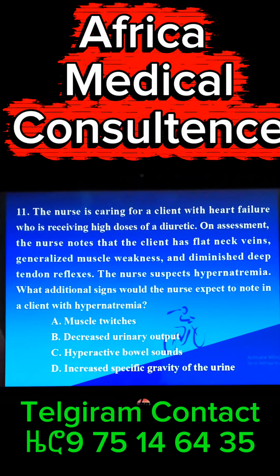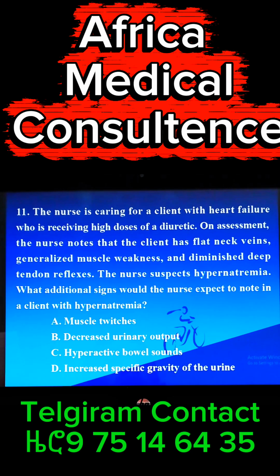Question number 11. The nurse is caring for the client with heart failure who is receiving a high dose of diuretic. On assessment, the nurse notes that the client has flat neck vein, generalized muscle weakness, and diminished deep tendon reflex. The nurse suspects hypernatremia.